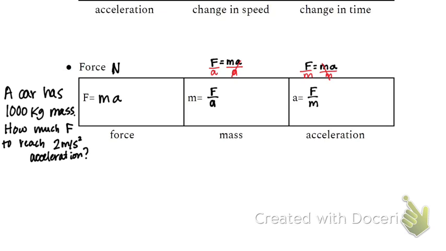What did we say? What did they give us? Yeah, they gave us the m and the a. So all you need to do with those, multiply 1,000 times 2. So that's 2,000 what? I just need Newtons.